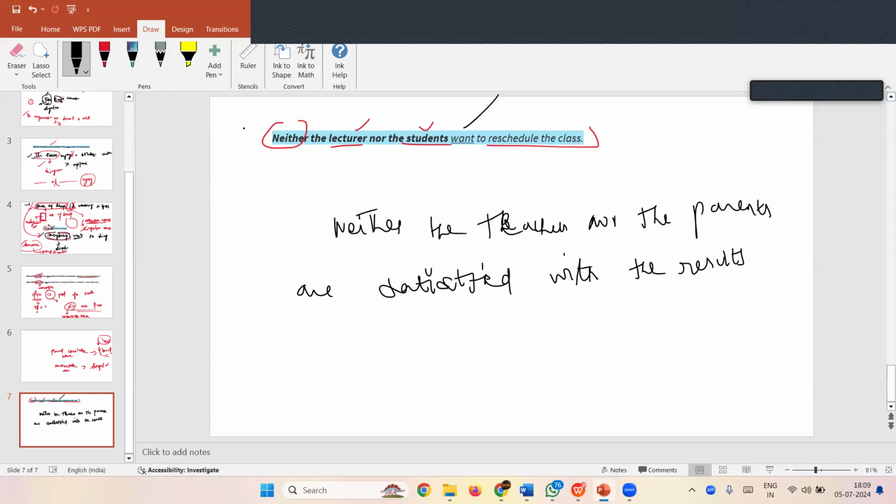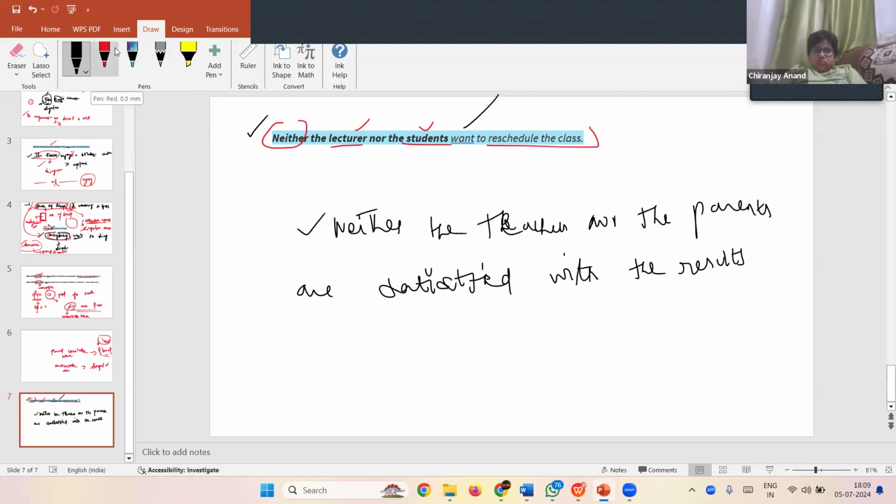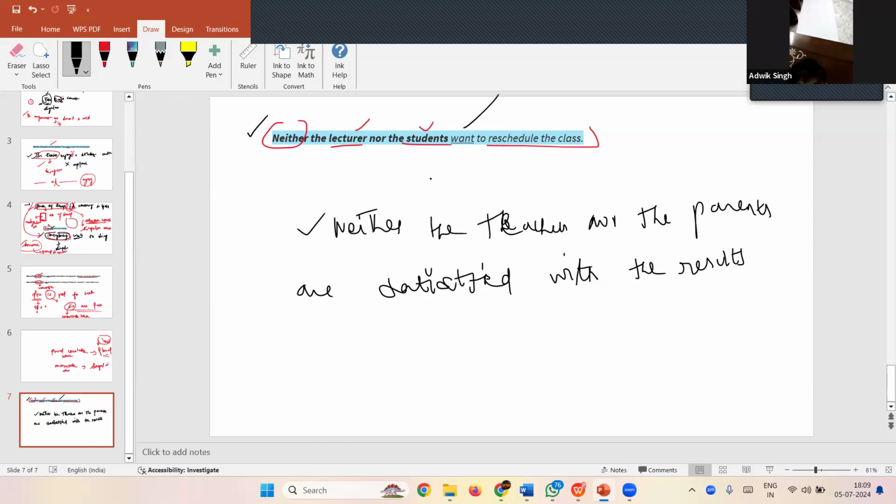Tell me, what is the difference between this sentence and this sentence? Can anybody tell me? Ma'am, in that sentence there is one singular noun, and in this sentence all are plural. All are plural. Okay. Anyone else?